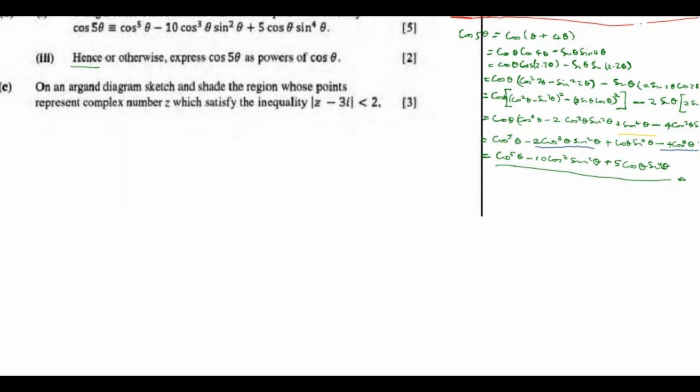So we are having our cos 5 theta being equal to cos to the power 5 minus 10 cos cubed sine squared plus 5 cos theta sine to the power 4 theta.